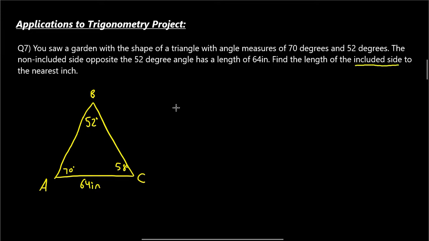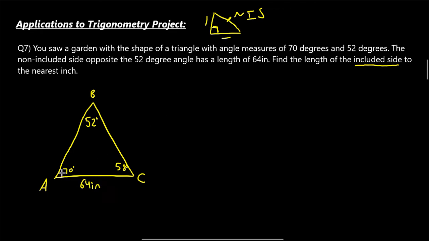So the included side is basically a side length included in an angle measure. Two side measures make up an angle, right? These two are what we call the included sides, and the third one is the non-included side.